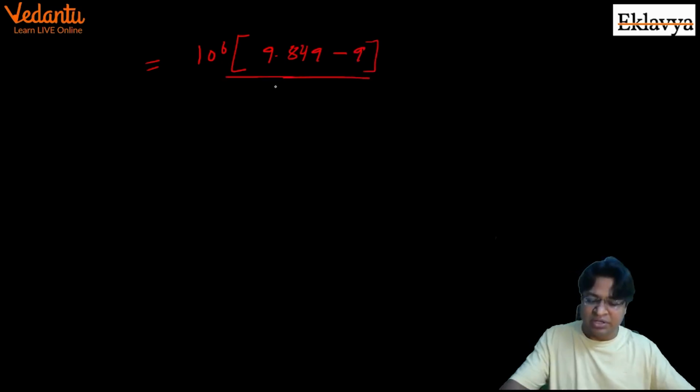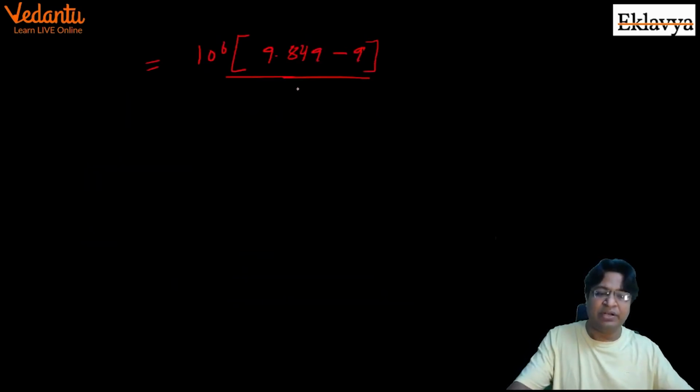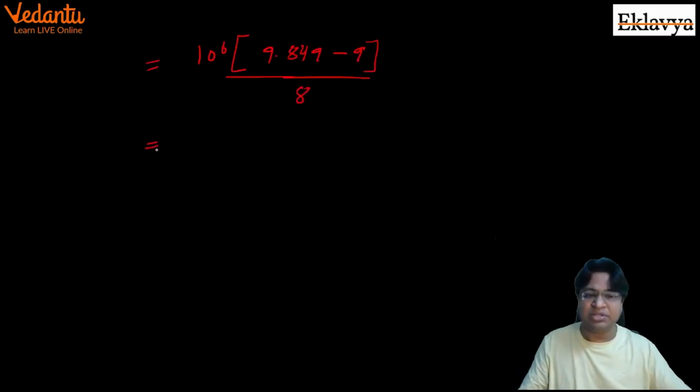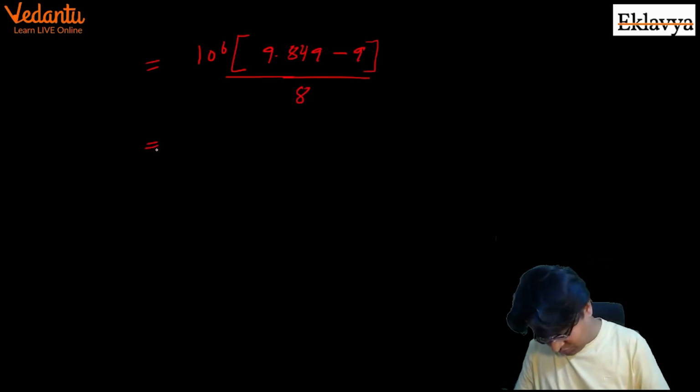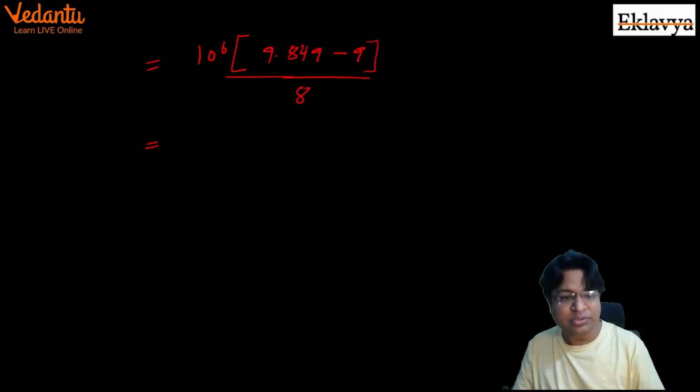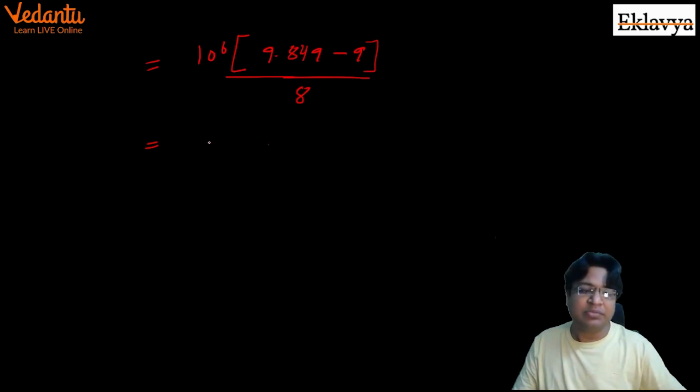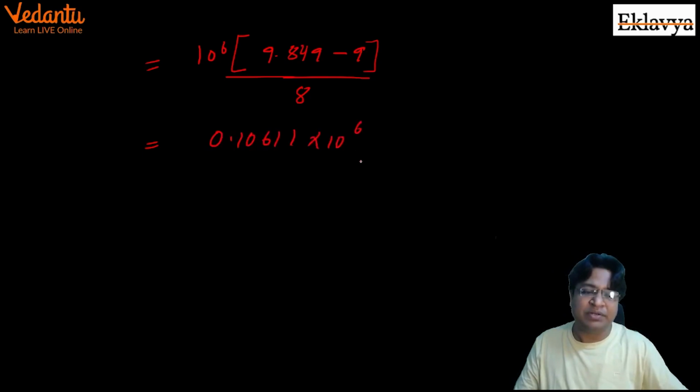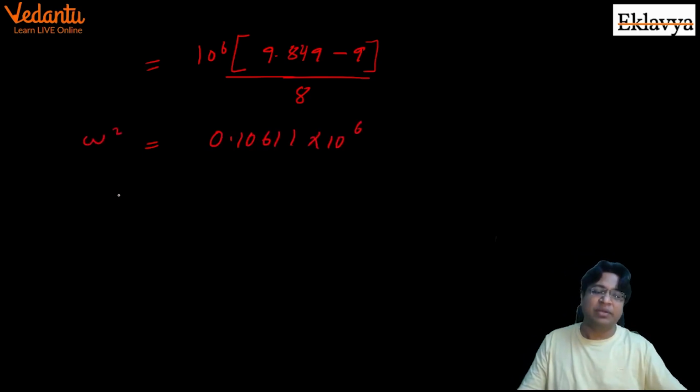All right, this divided by 8. So that becomes 0.1061 into 10 raised to power 6, and that's the value of omega square.